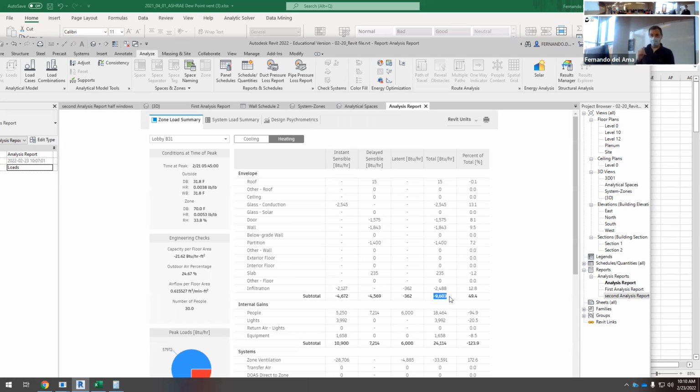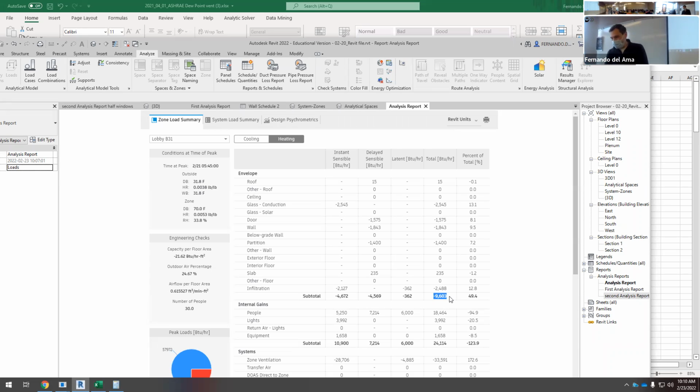So we're getting better. We can be sure that we are getting better. We have improved, and it makes sense because from the first to the second analysis, what did we do? We reduced the area of windows, so that improves the energy efficiency. For the second to the third analysis, what have I done? I have increased the R value of walls and floors.